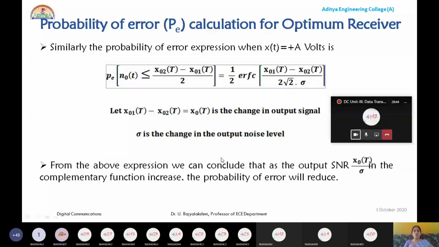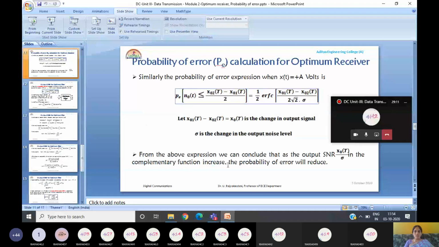So we can conclude that as the output SNR, that is x naught of t, the change in the output signal, divided by sigma, the change in the output noise level, increases, the probability of error will reduce.